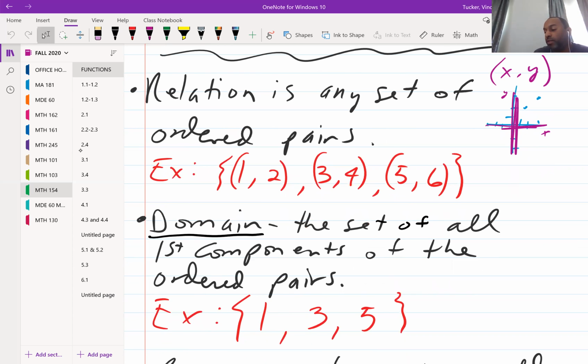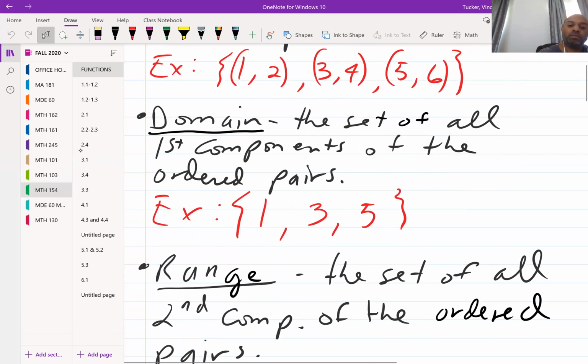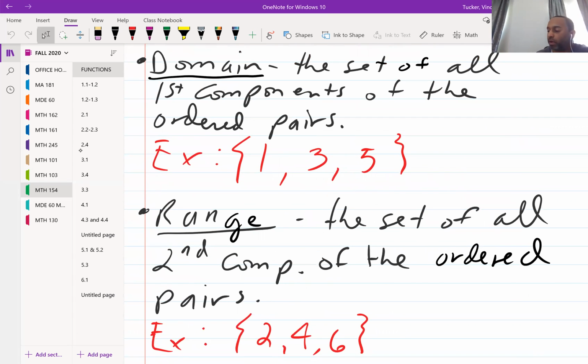So in this case, your x values: 1, 3, and 5. Your range is the set of all of your second components of your ordered pairs. In this case, 2, 4, and 6.